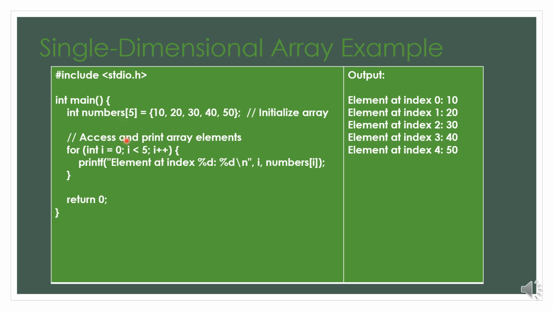Now the i value is 1, so 1 less than 5. So we print the next value, that is array index 1, 20. Likewise, we increment the value up to 5. In that condition, 5 less than 5, the condition becomes false. So the loop exits. These are the output for the above example.